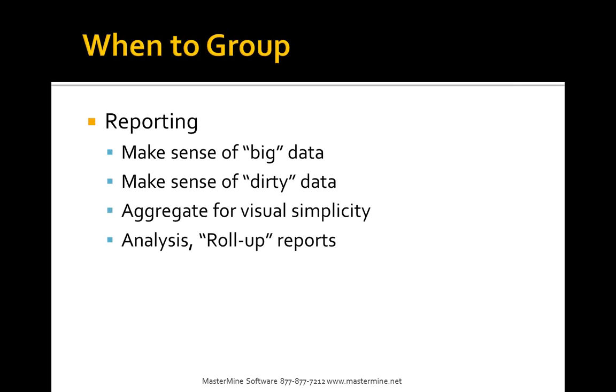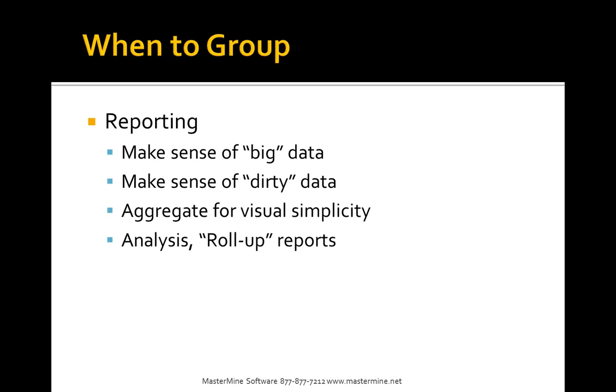So, making sense of big data, if we're talking about really big databases, or dirty data. When I say grouping, this is where I'm going to start to get into some other shades, and then I'm going to get out of the theory part, and we're really going to show some examples here. Dirty data. I will actually show a good example of this where we've got typos in the database. Well, just because there's a typo in the database doesn't mean that you don't want a record to show up with its brothers in the same aggregated information.